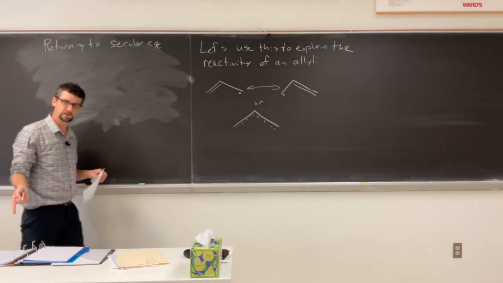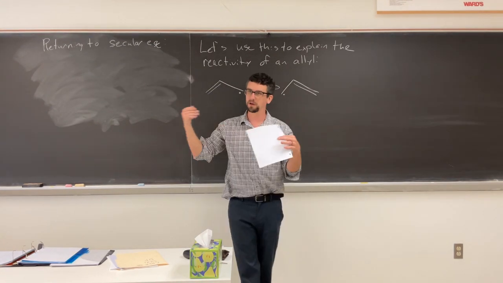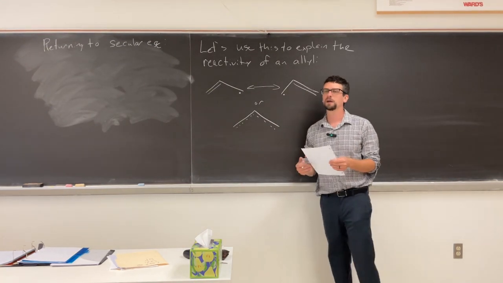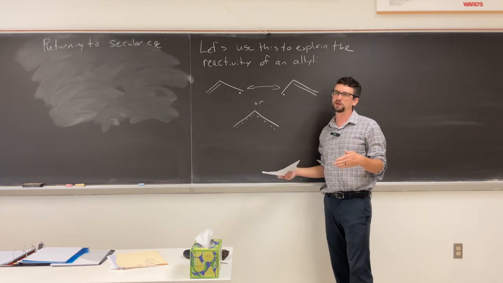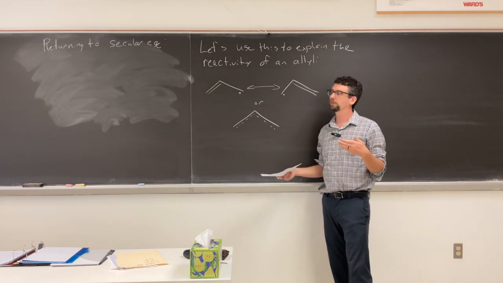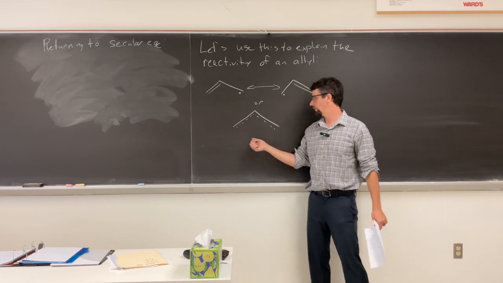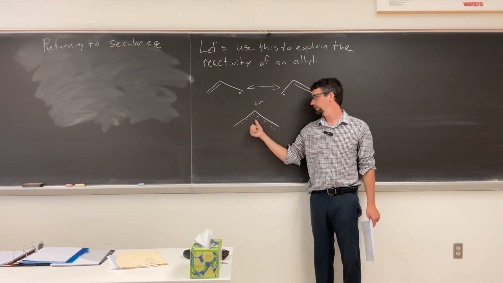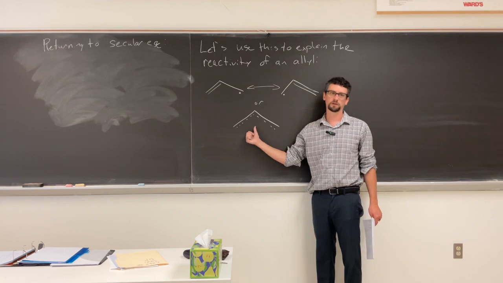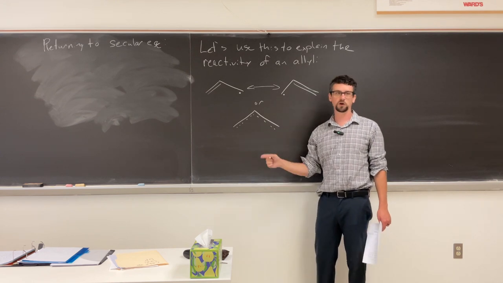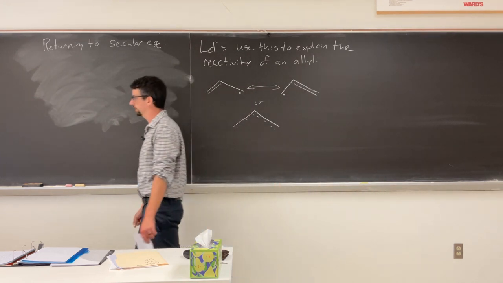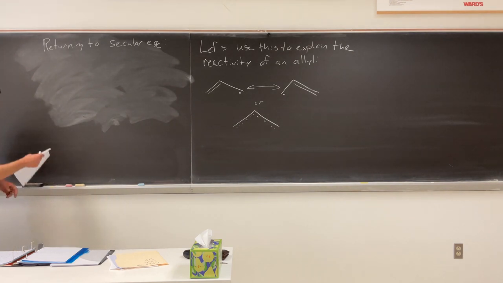Look back in your notes to check out what the secular equation, a generic one, looked like. For our system, how big of a determinant are we going to have? So how many p orbitals are we going to have in here? How many carbons do we got? 3. So what's our determinant size going to be? It's going to be a 3 by 3.